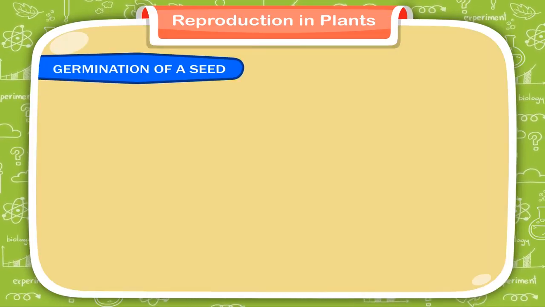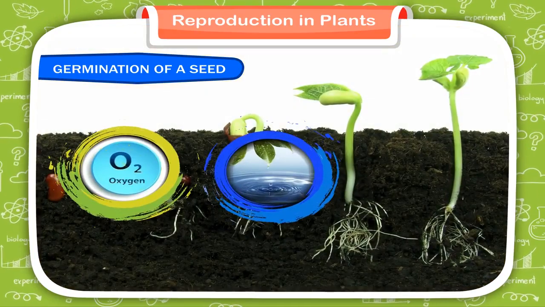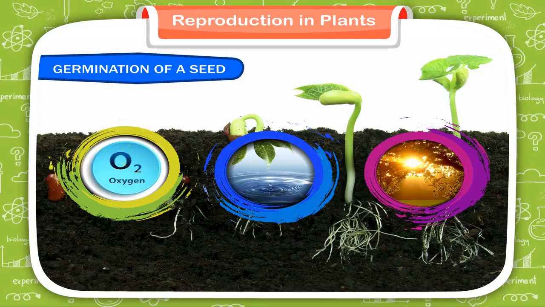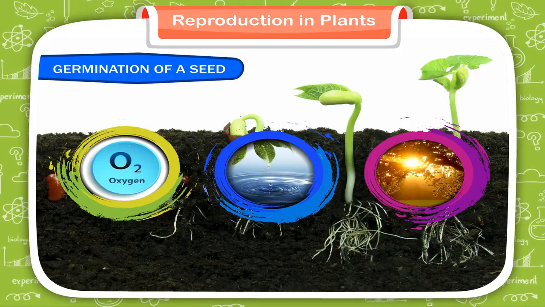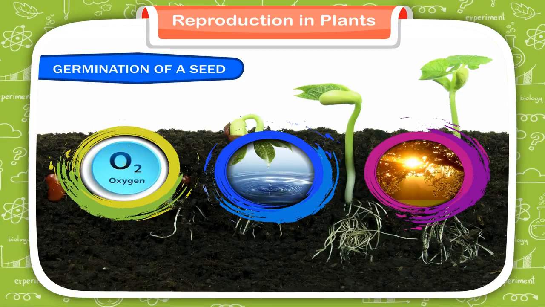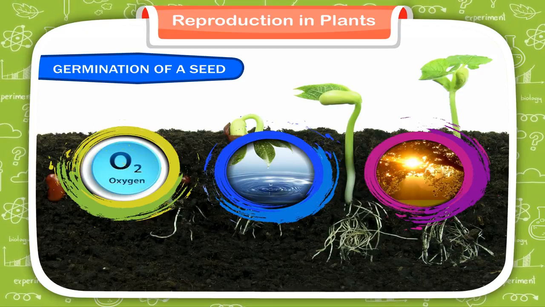Germination of a seed. A seed needs oxygen, water, and warmth to grow into a new plant. Even if one of the three is not available to the seed, it will not grow. When a seed is exposed to the proper conditions, water and oxygen are taken in through the seed coat.